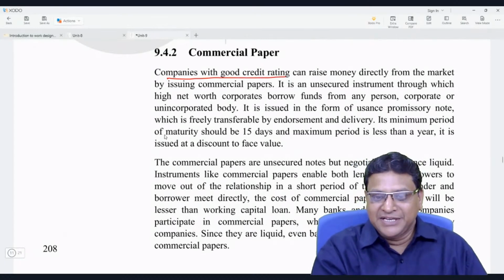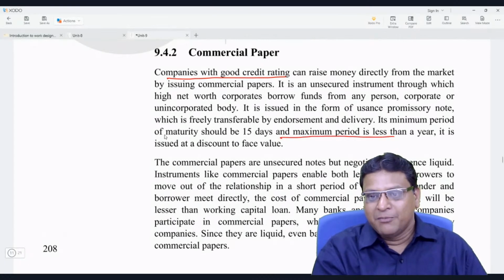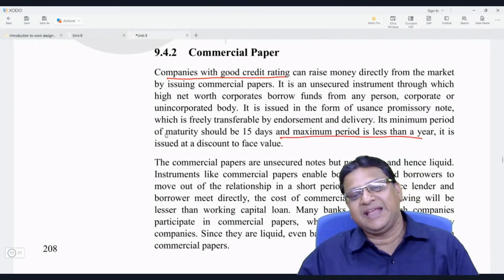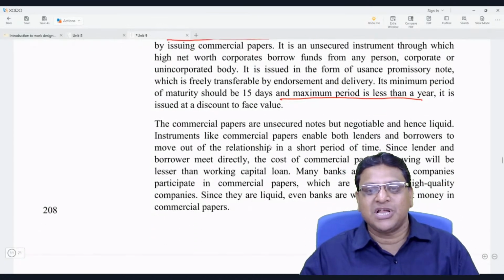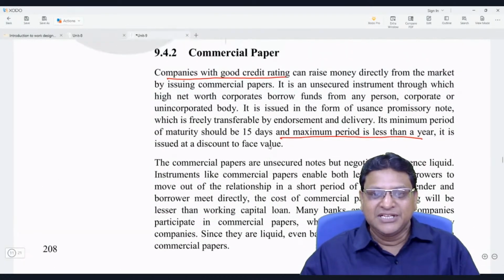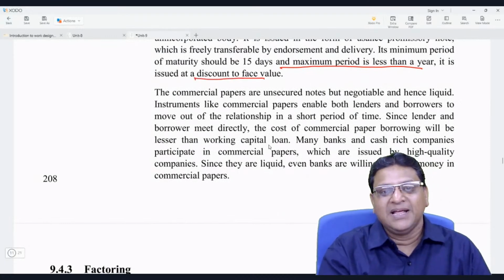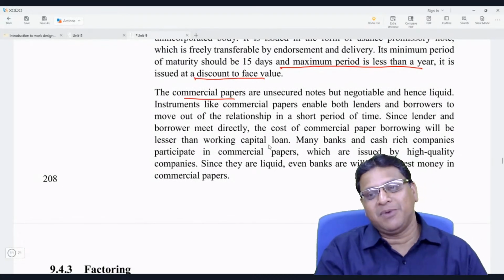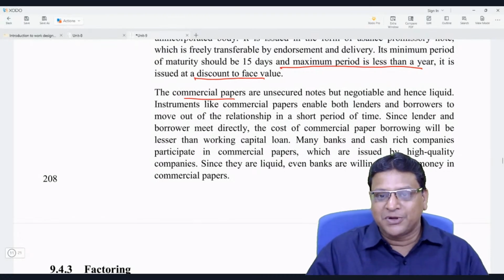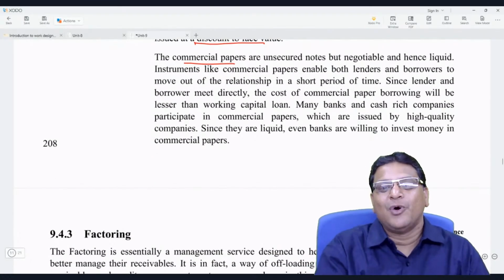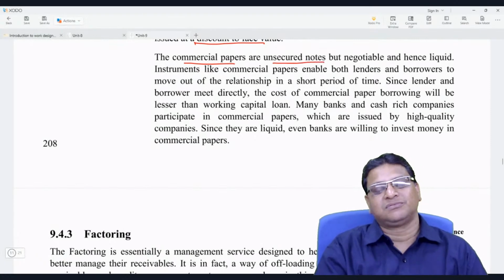The company will issue commercial paper for a duration of less than a year. These commercial papers are generally issued at a discount to face value. People buy the commercial papers in money markets, and those commercial papers are in the form of unsecured notes.